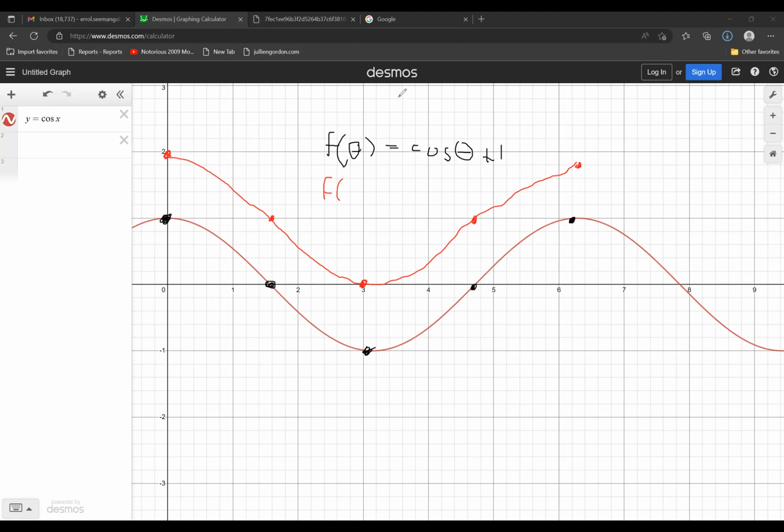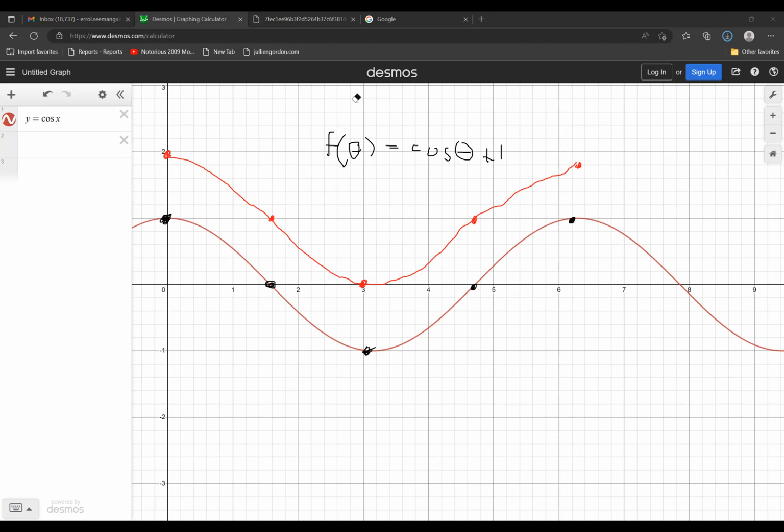So basically, all I'm trying to say is you take that original graph, these original 5 key points, and you're going to move them up, down, left, right, or some combination. Let me go back to the black.